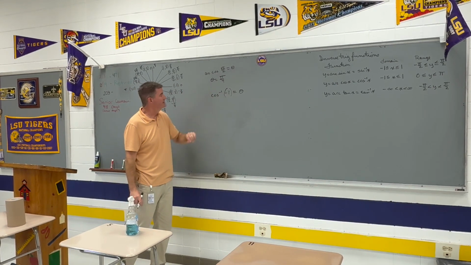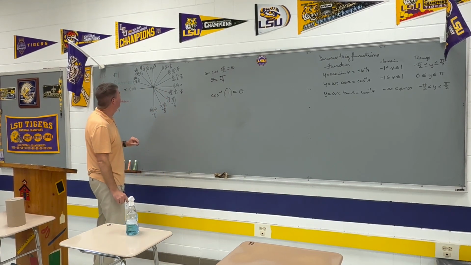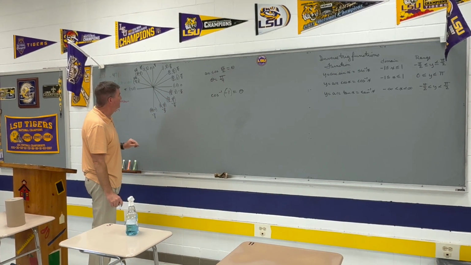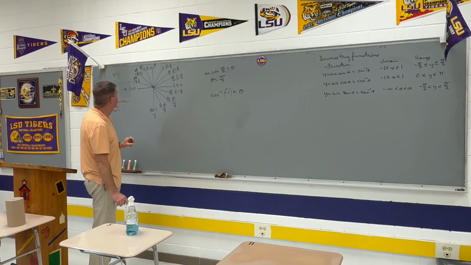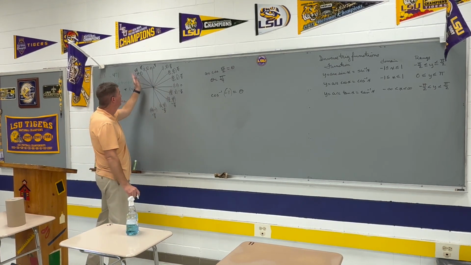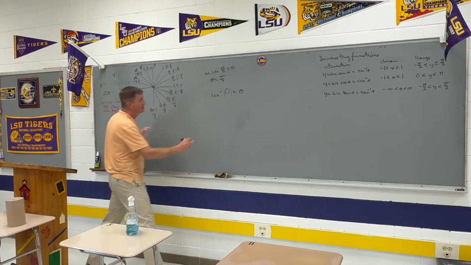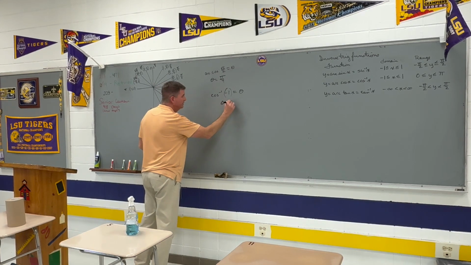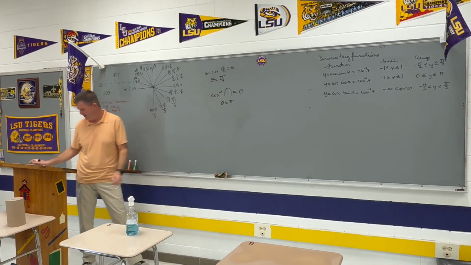Well, I know that the cosine is the x value. -1 for the x value is going to be at pi, because I'm looking for the first or second quadrant. So theta would be pi.